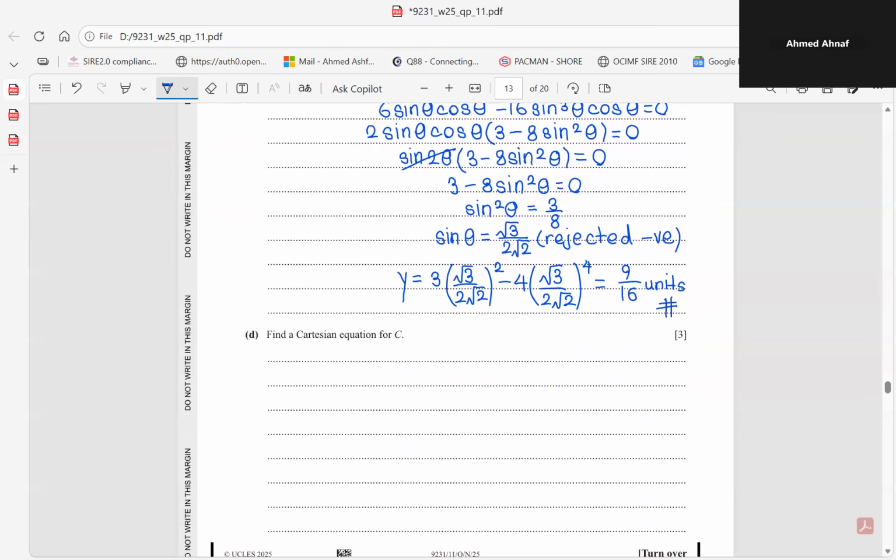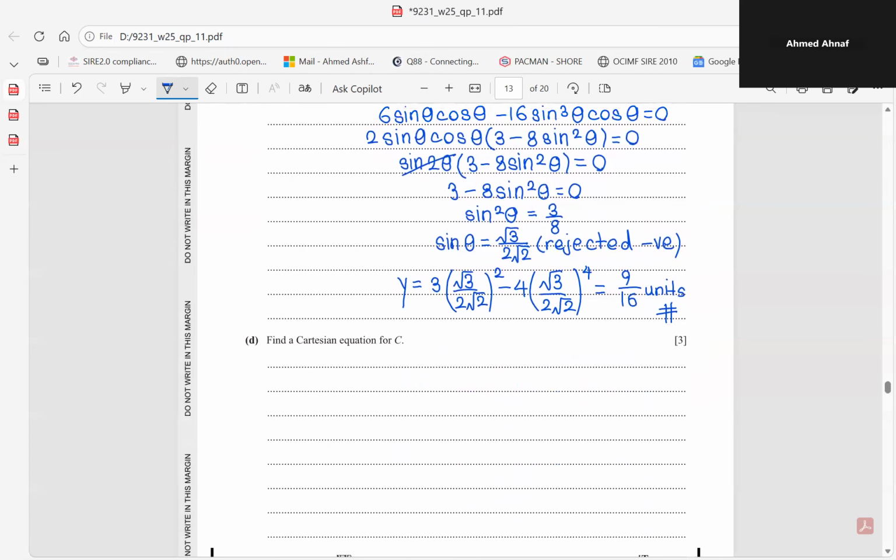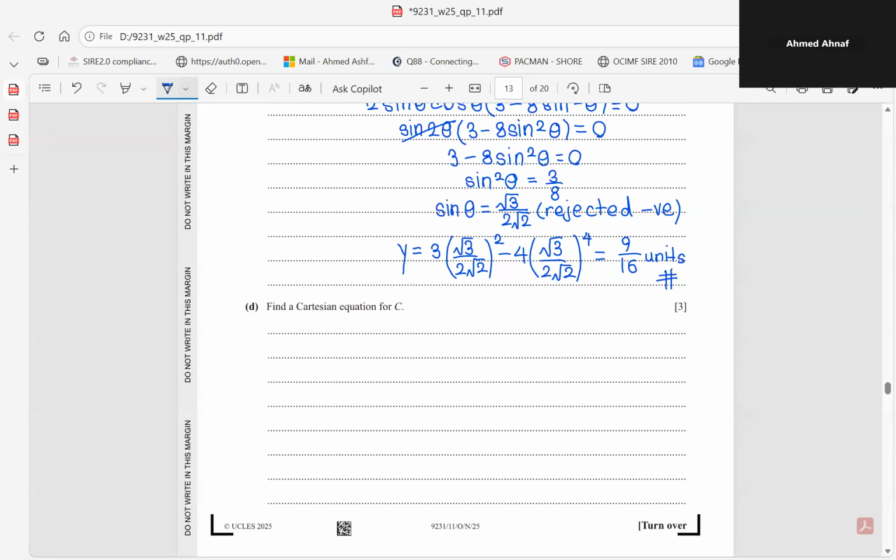Let's move on to part D. So for the final part, we need to find a Cartesian equation for C. To convert a polar equation into a Cartesian equation, you need to know these three identities. The first one is x squared plus y squared equals to r squared.